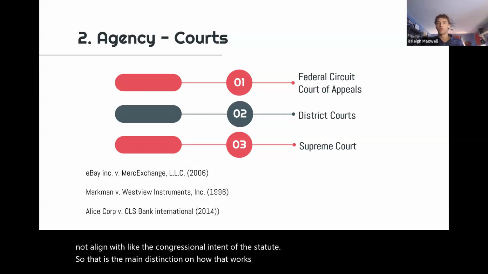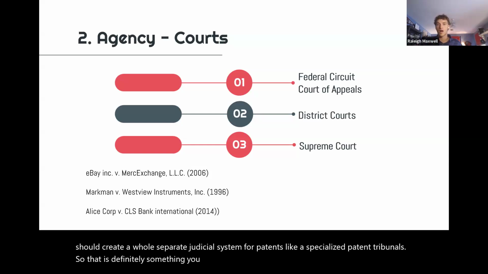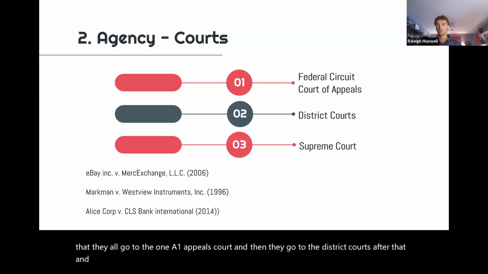There are some people that advocate we should create a whole separate judicial system for patents, like specialized patent tribunals. So that is definitely something you might see this year. But generally the main distinction is that they all go to one appeals court, then to the district courts after that, and then the Supreme Court.